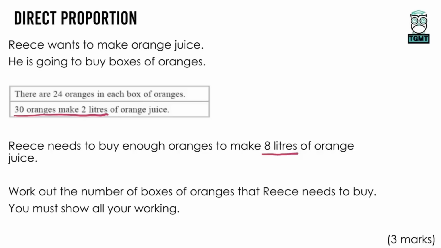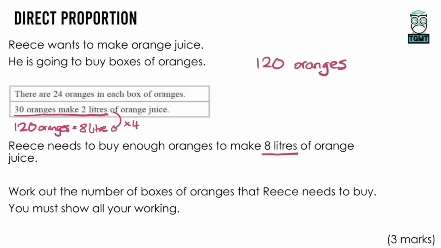Well, to get from 2 to 8 litres, that is multiplying by 4. So that would be 8 litres, and that would be 30 times 4, which is 120 oranges. So 120 oranges equals 8 litres. So we need 120 oranges. We just need to now know, if we need 120 oranges, how many of the boxes that we need to buy.